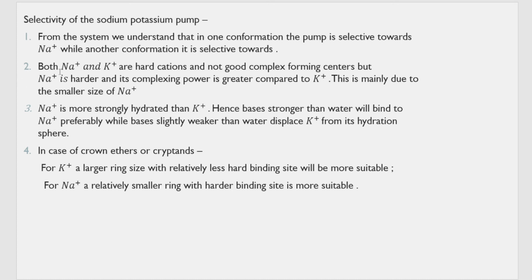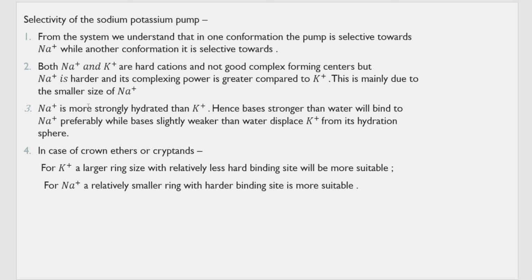But in comparison, Na plus is harder, and because of being harder, its complexing power is greater. You should know that Na plus is harder, plus it is smaller in size compared to K plus, and its complexing power is greater because of its smaller size.